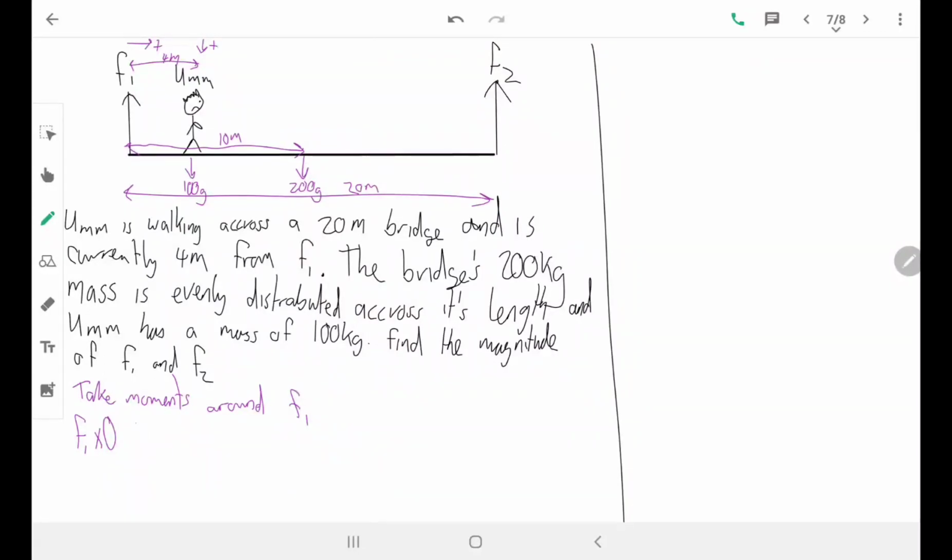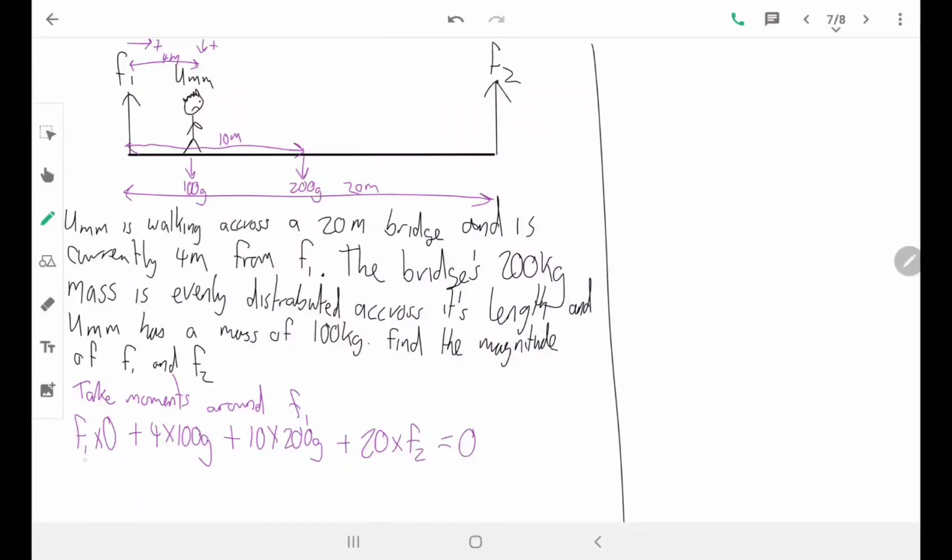We then have plus 4 times 100G plus 10 times 200G plus 20 times F2, and that equals 0.